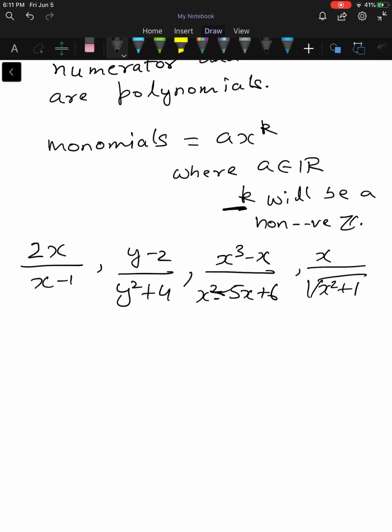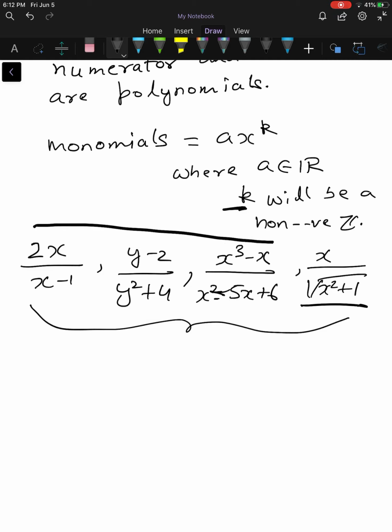In all these examples, all are fractional expressions because each numerator and denominator is definitely an algebraic expression, but the last expression here is not a rational expression, and all these three are fractional as well as rational expressions. Why is this not a rational expression? Because we have a radical power over x. So the denominator is not a polynomial.